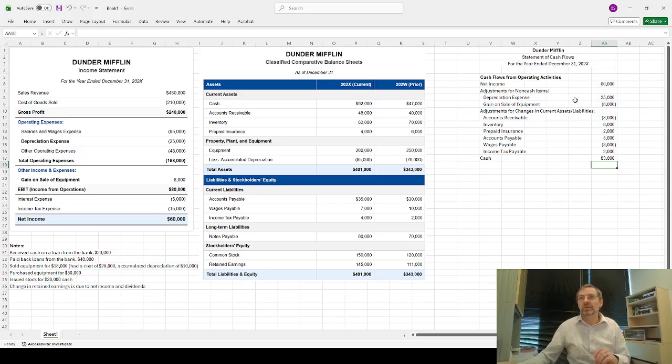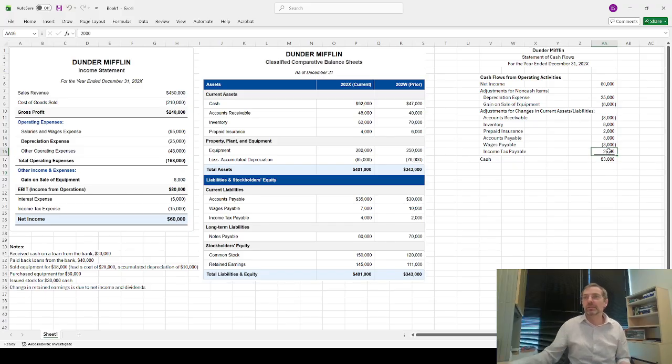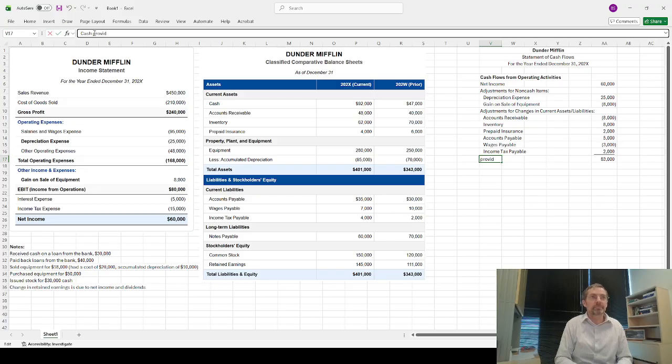We used all of our clues like non-cash items, non-operating items, and then just using our balance sheet to figure out how much cash did we pay or get in addition to what was on the income statement. So we have $83,000 in cash provided by operating activities.